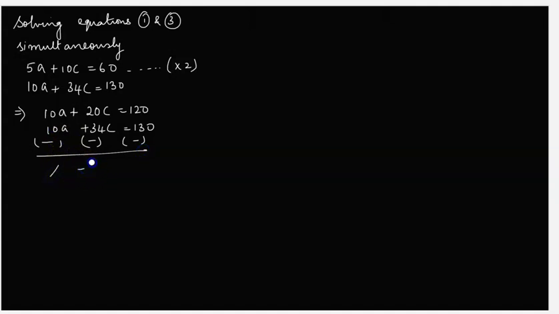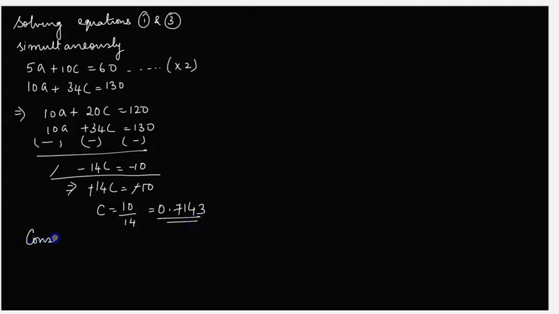Then here you will get minus 14c is equal to minus 10. Minus and minus will get cancelled. So c is equal to 10 divided by 14, which is 0.7143.